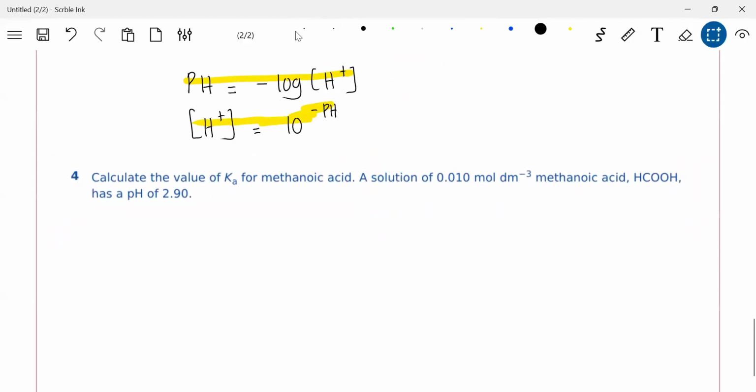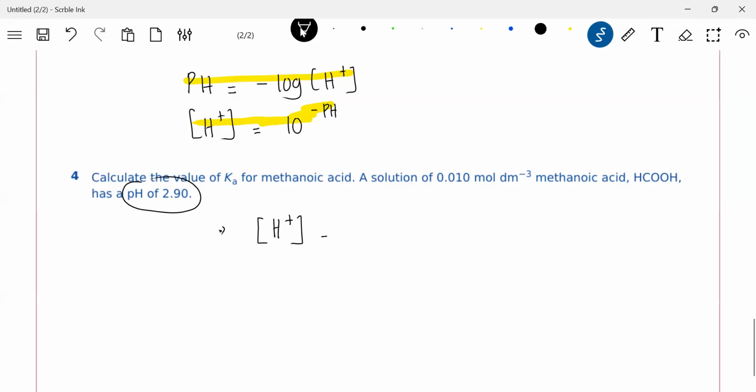Now, take a look. We know that the value of pH is 2.9. Of course, the first step, we can calculate the concentration of H plus.